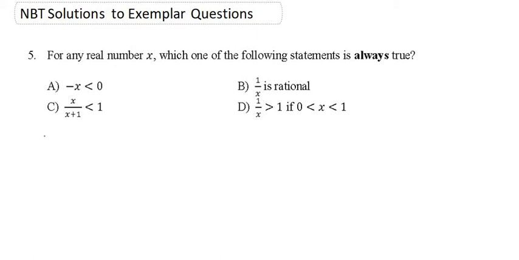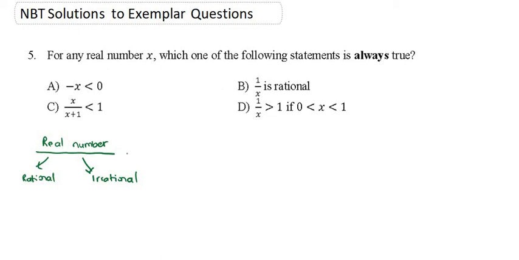So just to see what we need to know, a real number is either rational or irrational. What are rational numbers then?